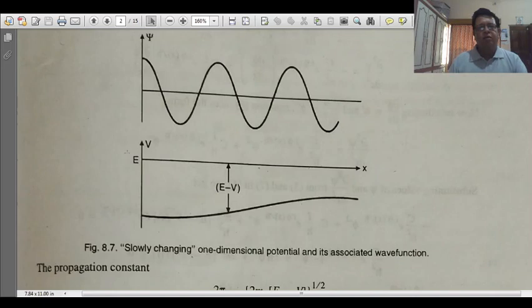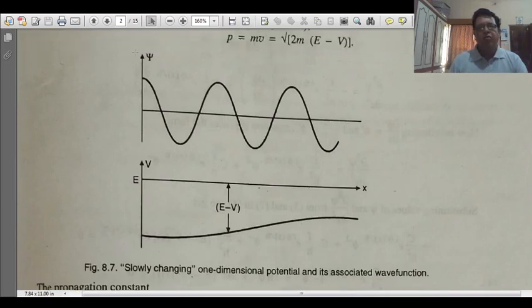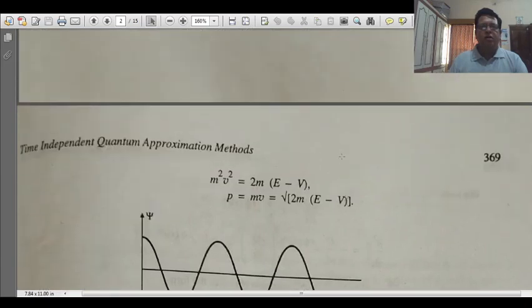If the value of E is here and the potential is slowly varying here, this difference is E minus V. So these show the slowly changing one-dimensional potential, and the upper curve is for the associated wave function.